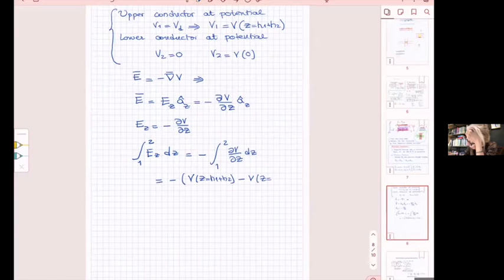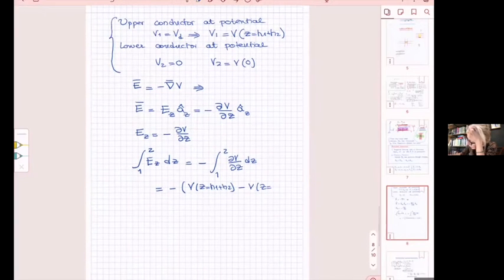In fact, V2, what did I say? No, it is the lower one, the opposite. I mixed up the ones and twos. So this is from V2, which is at Z equals 0, minus V at 1, which is at Z equals H1 plus H2.